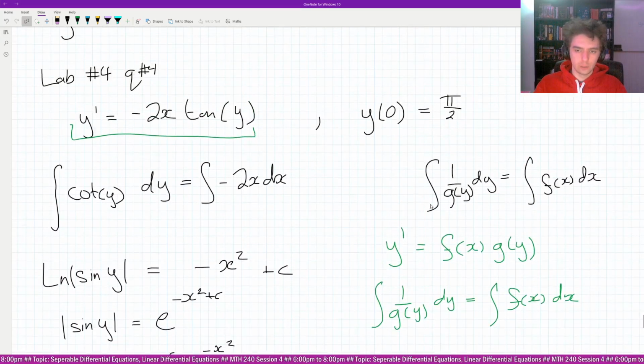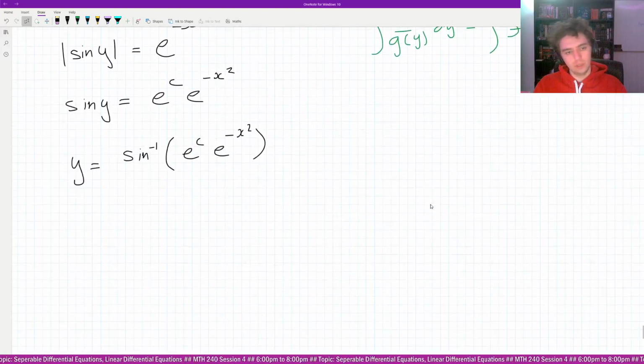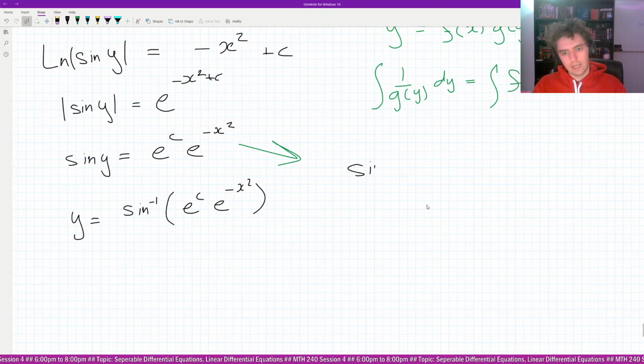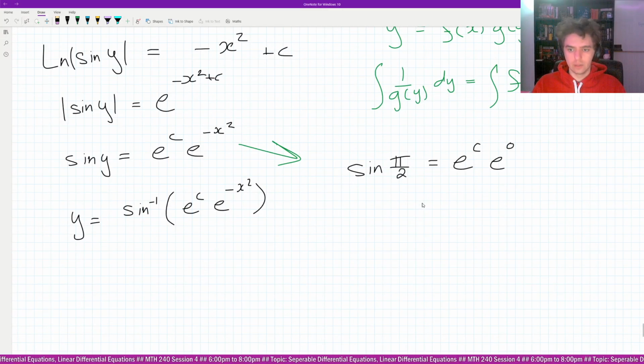Our initial value was y of 0 equals pi over 2. So sine of pi over 2 equals e to the c, times e to the 0, which is 1.